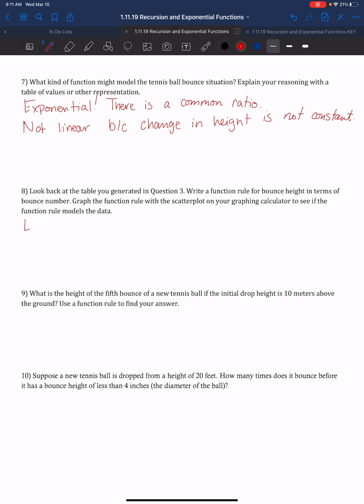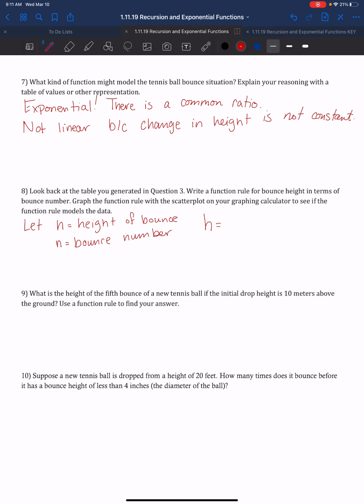So I'm going to have h. We got to know the height of the bounce. And then n is going to be our bounce number. Okay? So h, that's what we're trying to figure out, right?